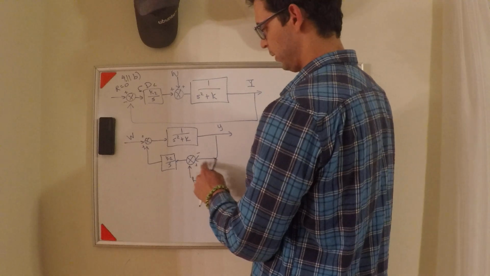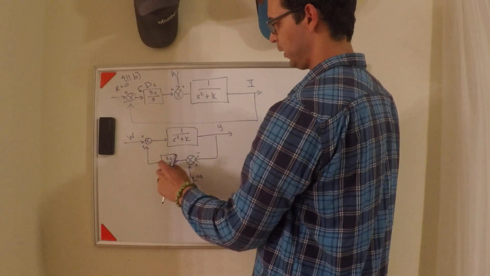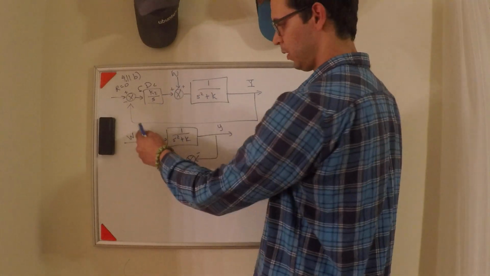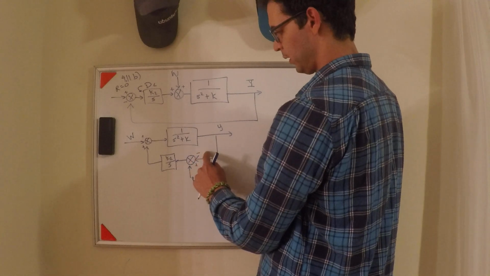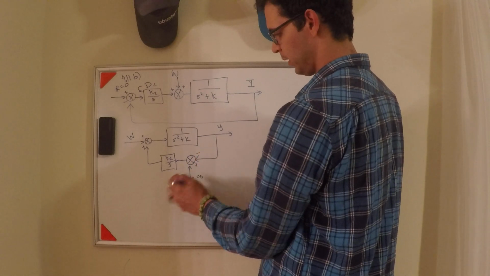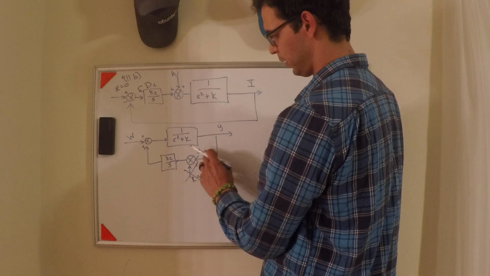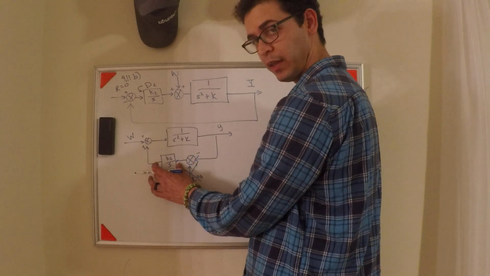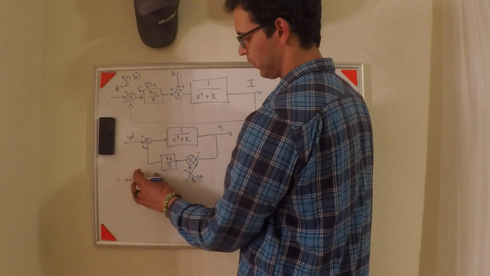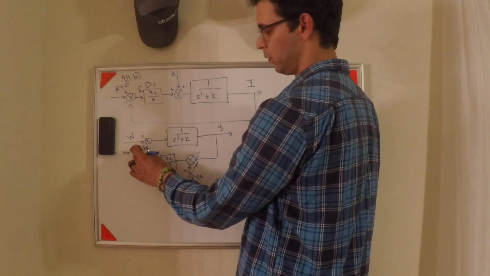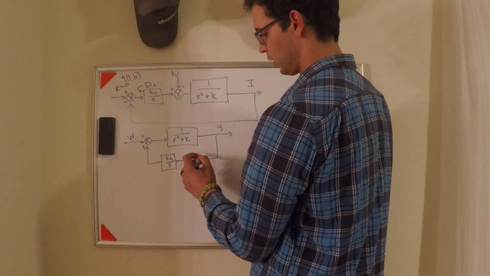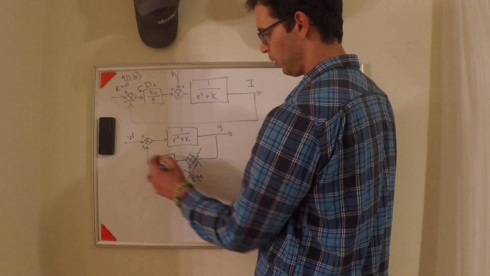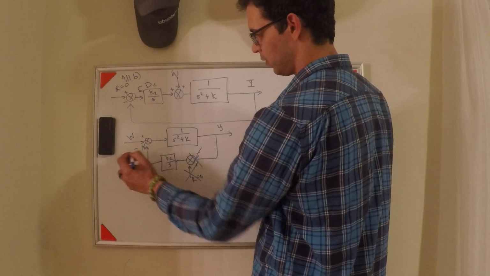When you're doing the feedback rule, you want plus minus. So this minus turns into a -1 block, which can get multiplied by this, and that negative can get distributed up here. So we can get rid of this whole block and change this to a minus sign.